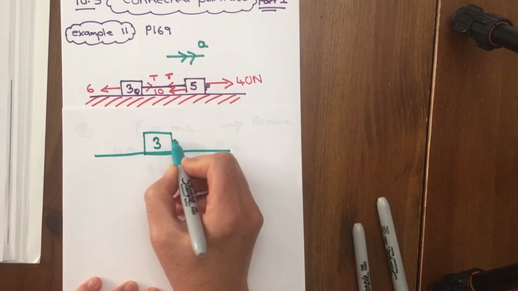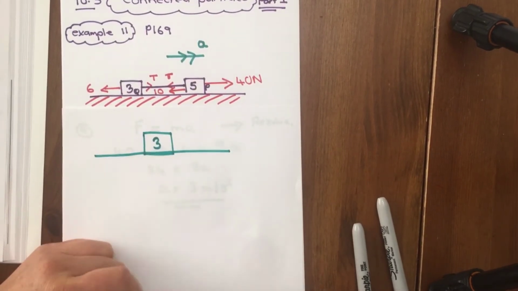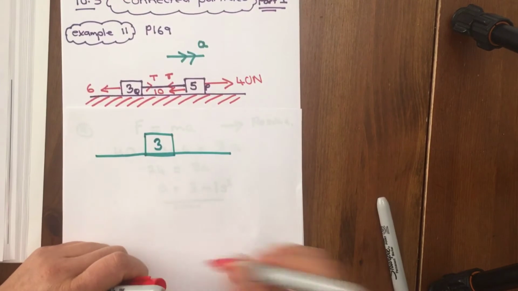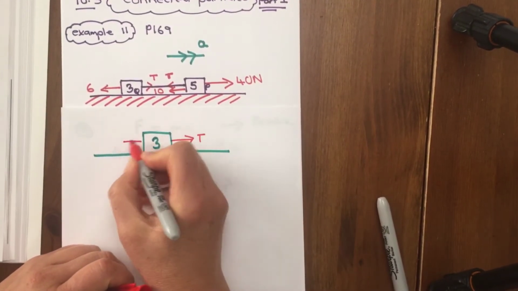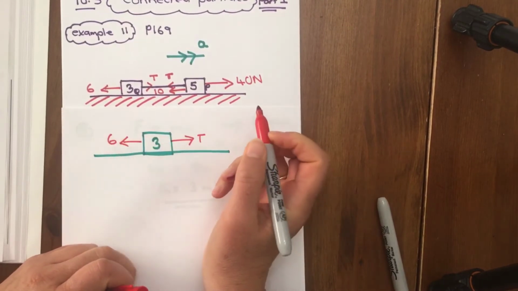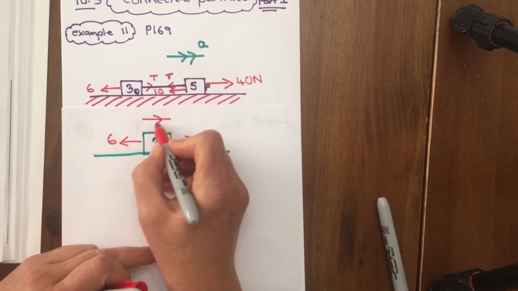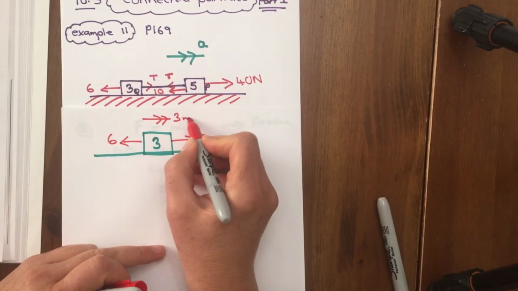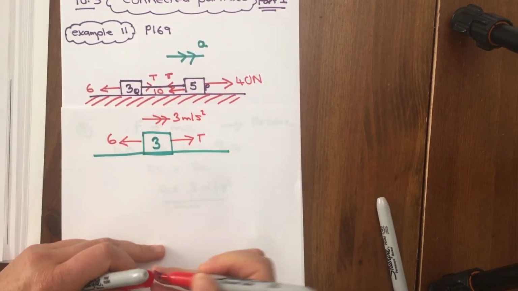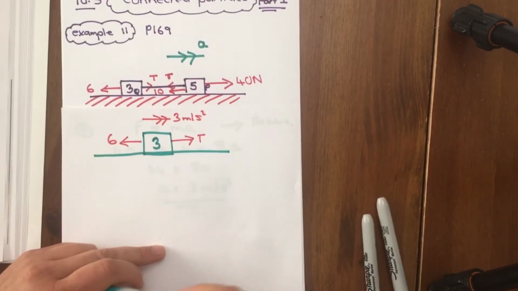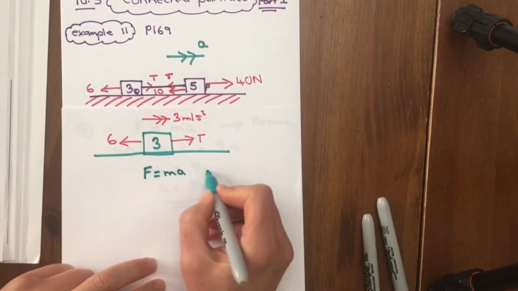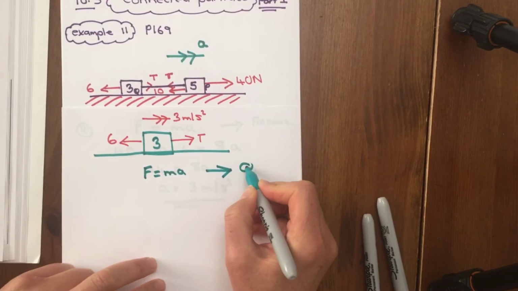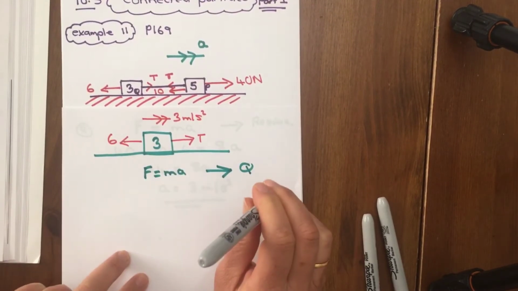So I've got 3 here. And let's look at what forces I've got just on Q. I've got my tension T, and I've got my friction 6, and it's all moving at an acceleration of 3. So let's do F equals ma, resolving on Q going towards the right.